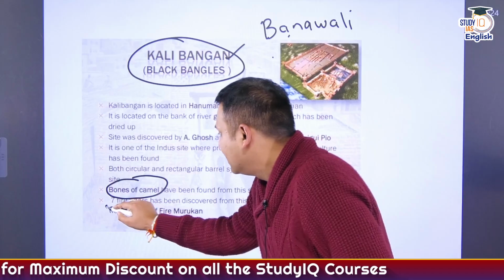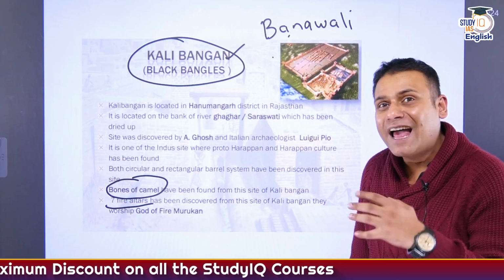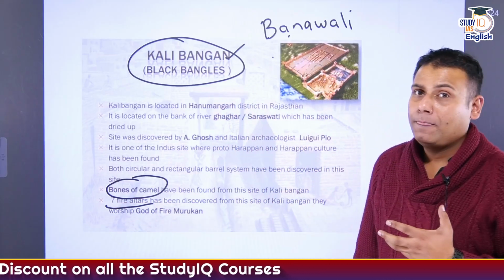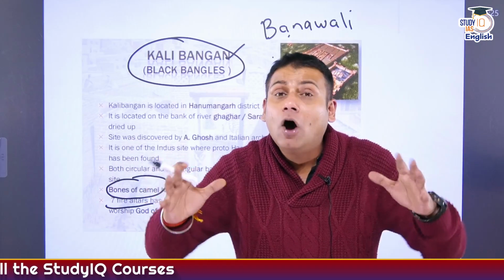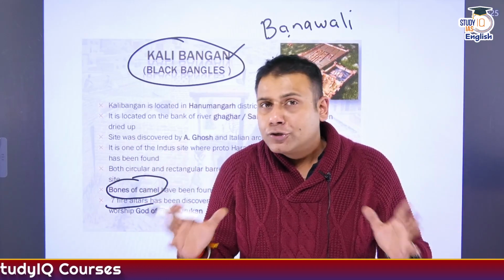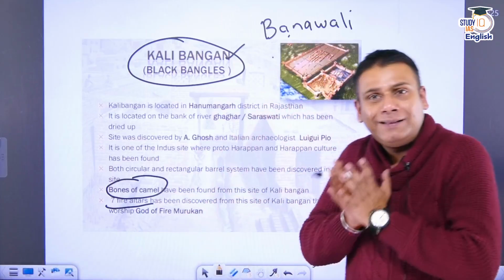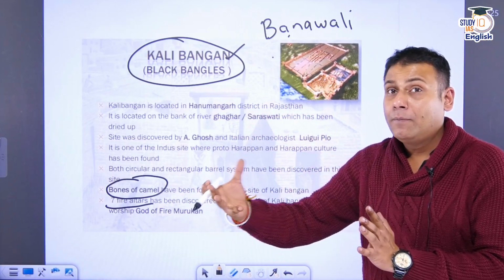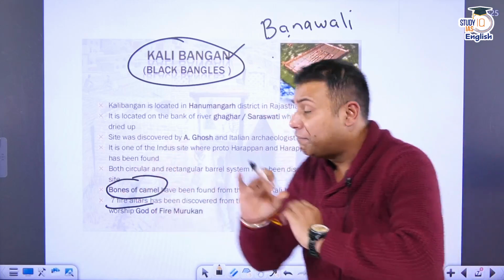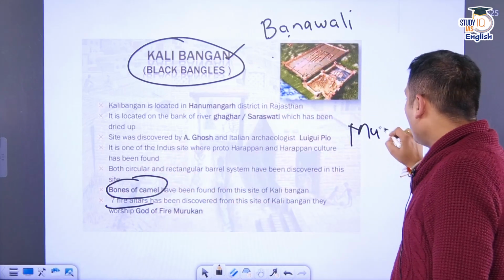Most important thing, 7 fire altars have been found from this site. What are altars? Altars are structures like Havan Kund or Agni Kund. So probably we have inferred that these people might have worshipped fire. And the fire god was referred to as Murugan.